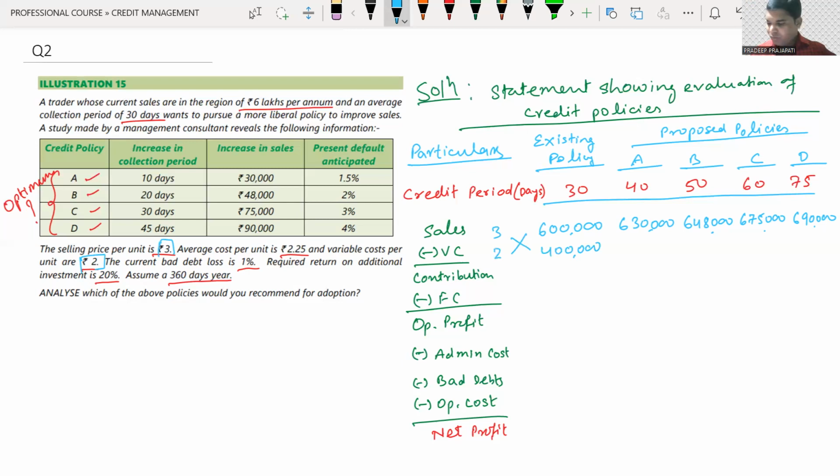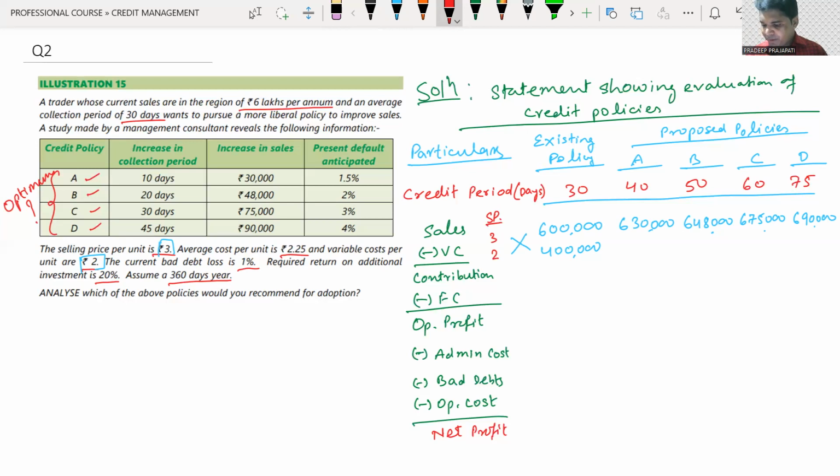Here again do cross multiplication. Use a calculator. It is very simple. This sale price is given in the question, 3 rupees per unit, and variable cost rupees 2. So sales and variable cost vary in the same proportion.